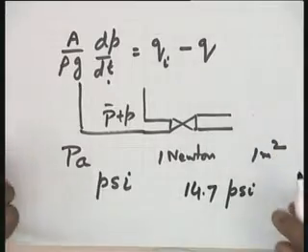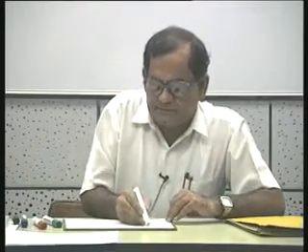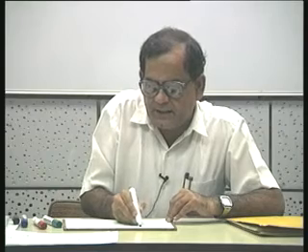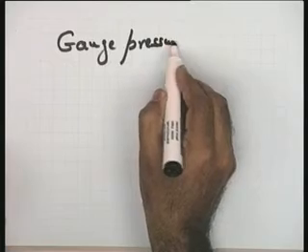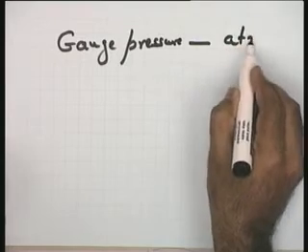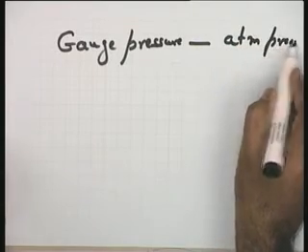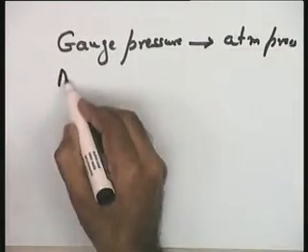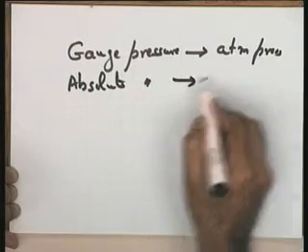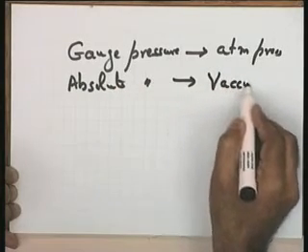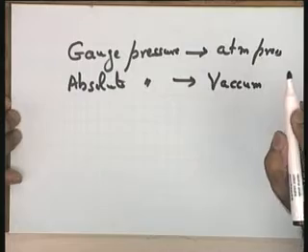Okay? I will be taking mostly the gauge pressure. I need your attention here. The gauge pressure is referenced to atmospheric pressure, and absolute pressure is referenced to perfect vacuum. Okay?